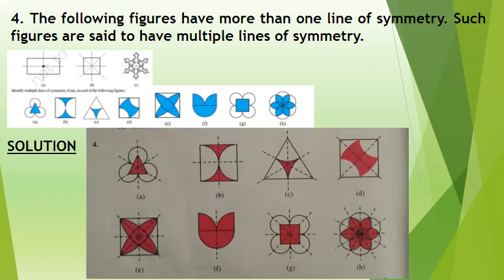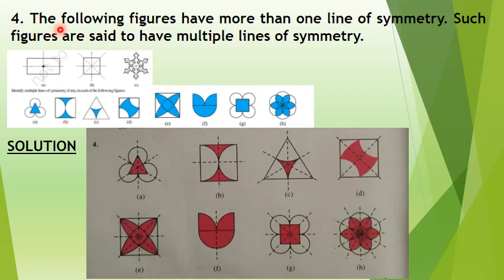So we can see in figure 1 we can see 3 lines of symmetry. Figure 2 has 2 lines of symmetry, and the third one also has 3 lines of symmetry, and figure D has 2 lines of symmetry, and here it has 4 lines of symmetry, and this figure has 1 line of symmetry, and the next figure has 4 lines of symmetry, and the last figure has 6 lines of symmetry.